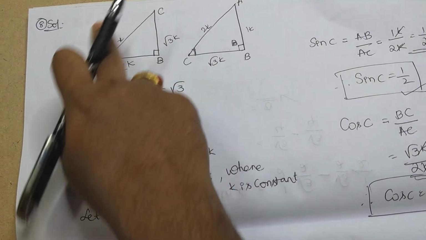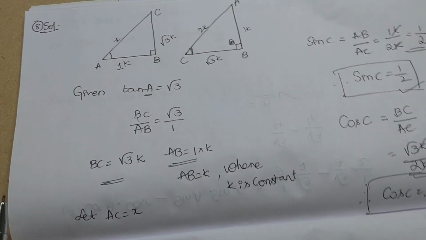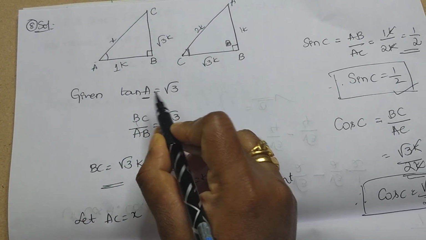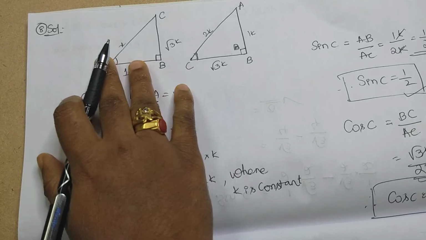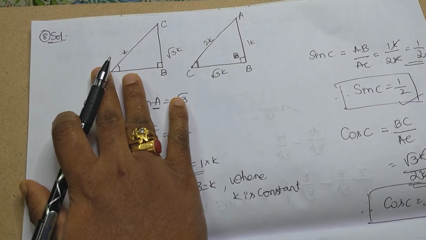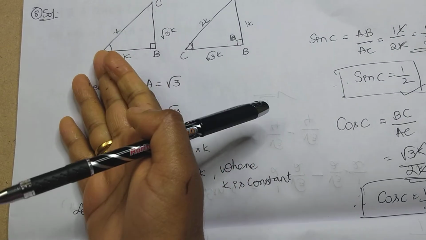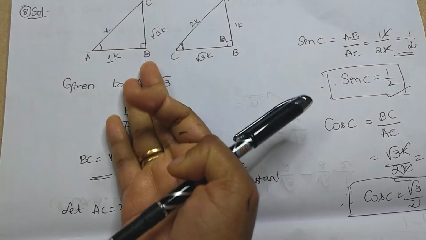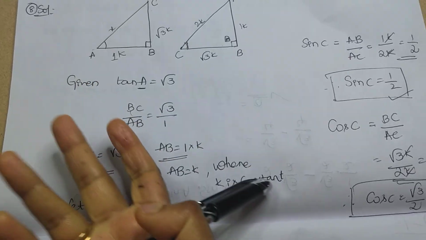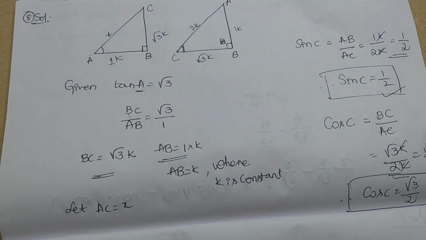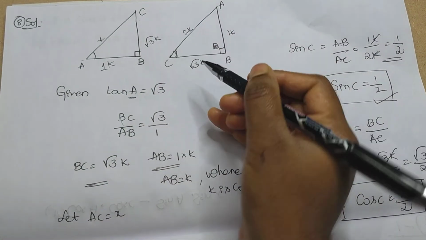Why did I take the triangle with angle A as reference? Because they have given the value of tan A. So that's why I have taken the first triangle. From the first triangle I have derived the hypotenuse value. Once you derive the hypotenuse value, it's easy to get sin A and cos A values. Once you get sin A and cos A, let's move on to the second triangle.